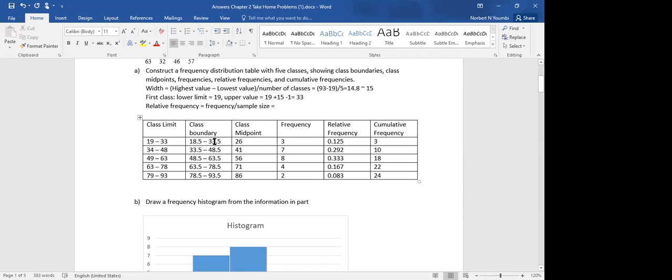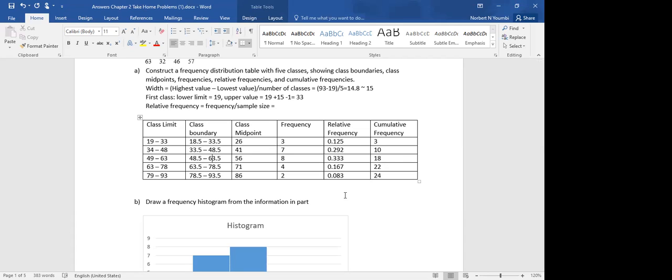So how many values are less than or equal to 33.5? We have 3. How many values are less than 48.5? We do 7 plus 3, 10. How many values are less than 63.5? We do 10 plus 8, 18. Then 4 plus 18, 22. You just keep adding the frequency to the previous cumulative frequency.